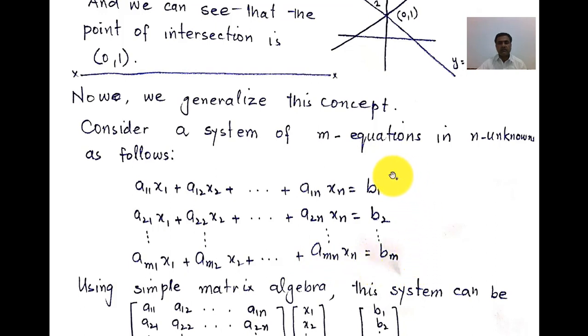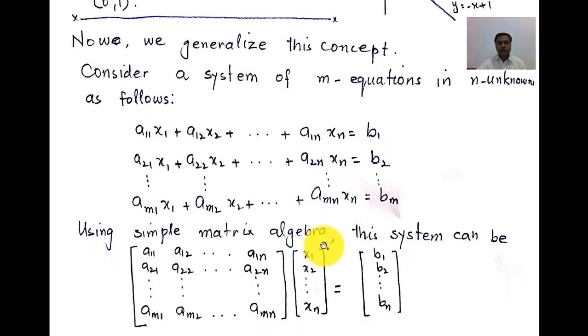What we are interested in, given in A, is the solution of this linear system. Once again, a solution of this linear system means values of the variables x1, x2 up to xn such that if we substitute those values simultaneously in these equations, they are satisfied.